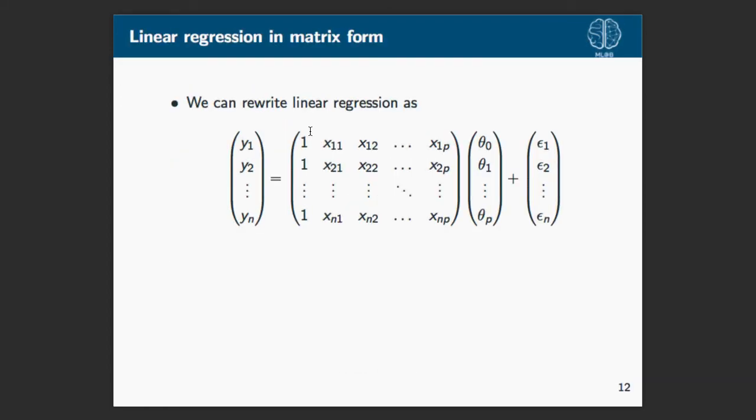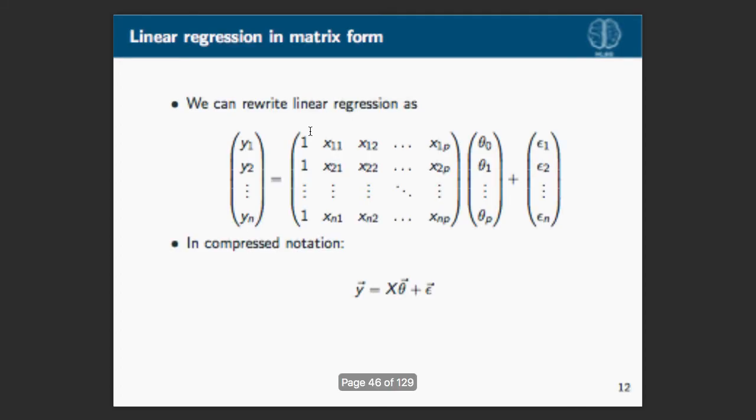We can rewrite this in terms of this matrix. This is basically what I showed before. You take your thetas and multiply with the first row of x's, and you get that first y with that error term. You do the same thing for the second row of x's: you multiply it with your coefficients, and you get that second y term. Does this make more sense now? It's the same matrix notation that I showed you before.